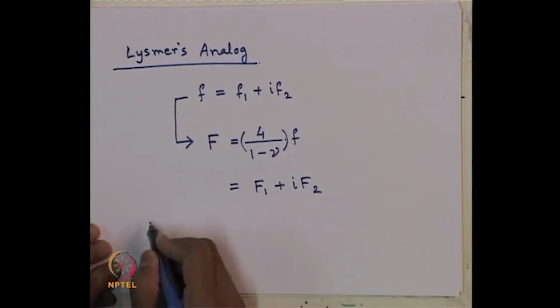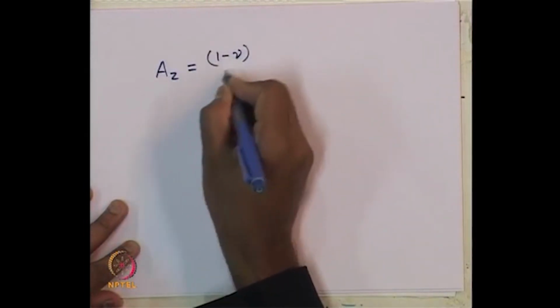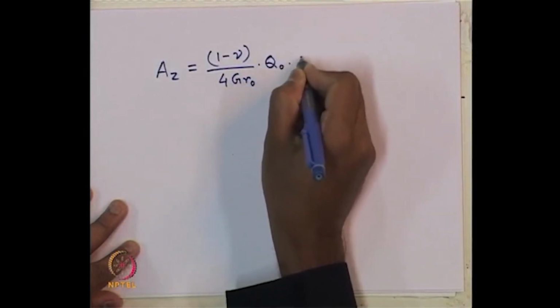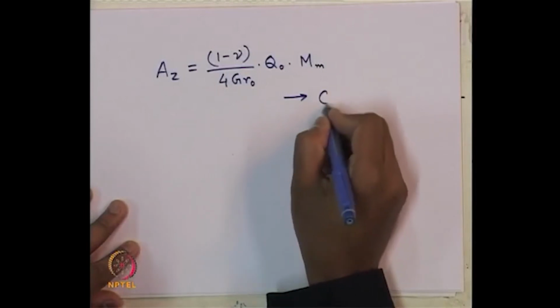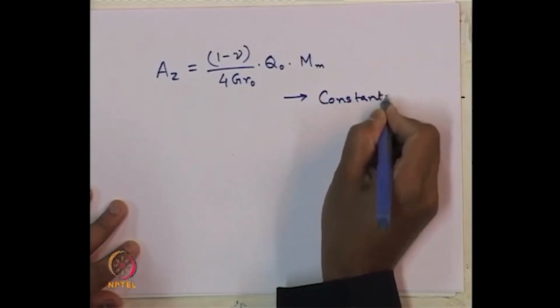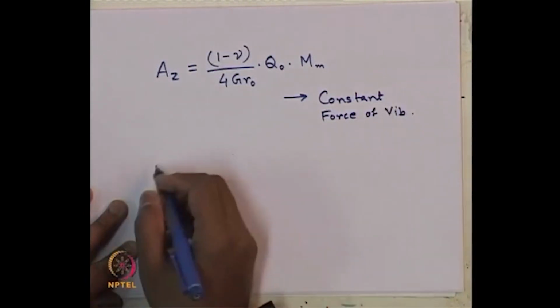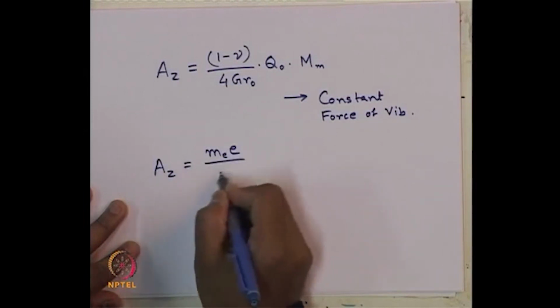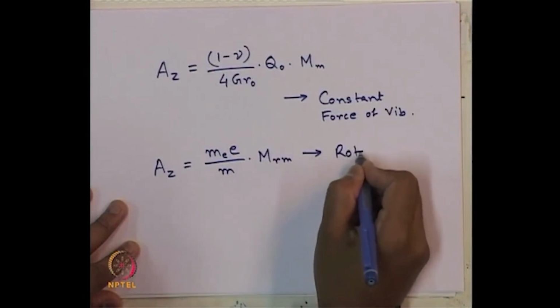So, Az, as I have shown just now, can be calculated using this expression, and this is for constant force of vibration, whereas Az can be calculated as me by m times Mr for rotating force of vibration.